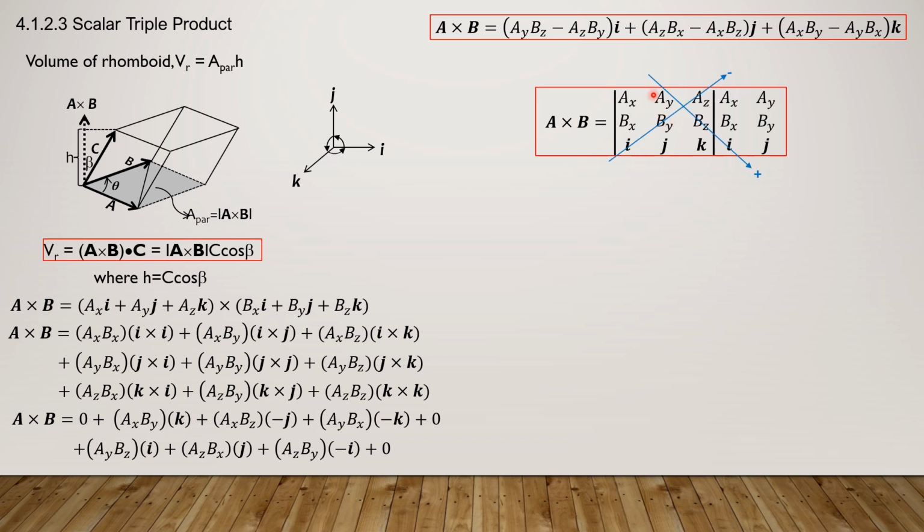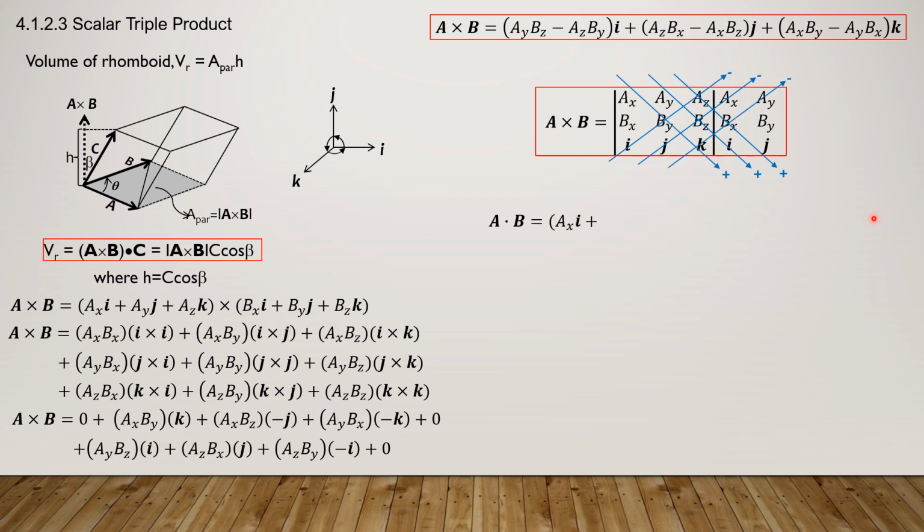So for I, AYBZ, then minus in that direction, AZBY, then for J, AZBX minus AXBZ, then we have (AXBY minus AYBX) K.